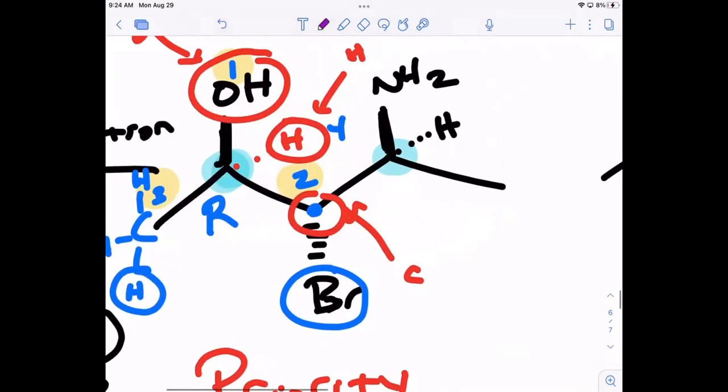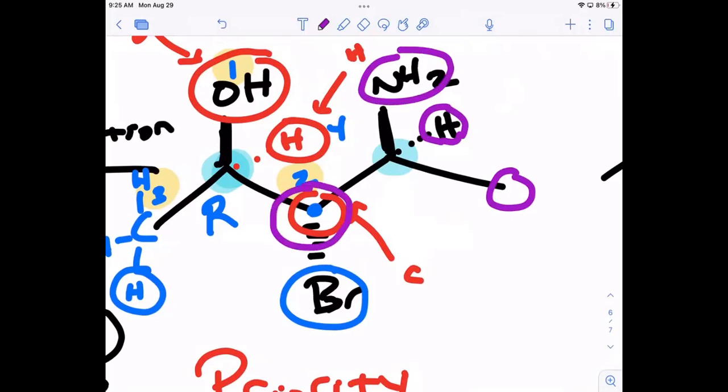The chiral center is the carbon that I have highlighted. So the 4 groups attached will be the carbon I have circled, the hydrogen, the NH2, and this carbon over here, which just happens to be bound to both chiral centers, the first one we looked at and this one.